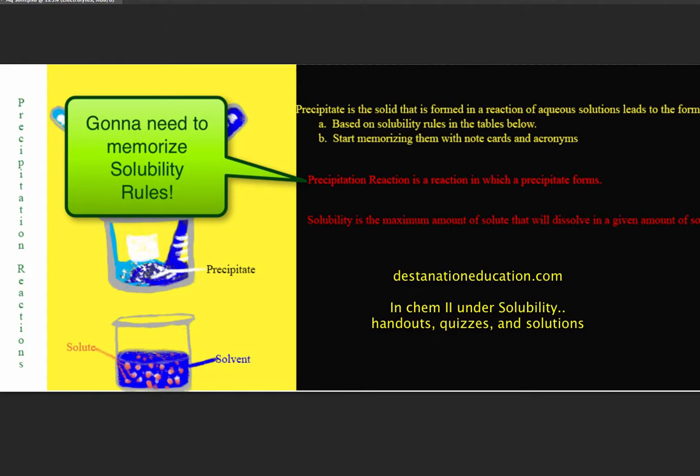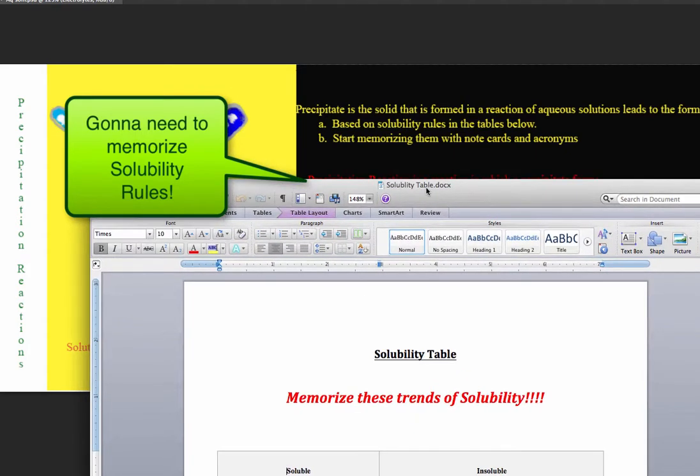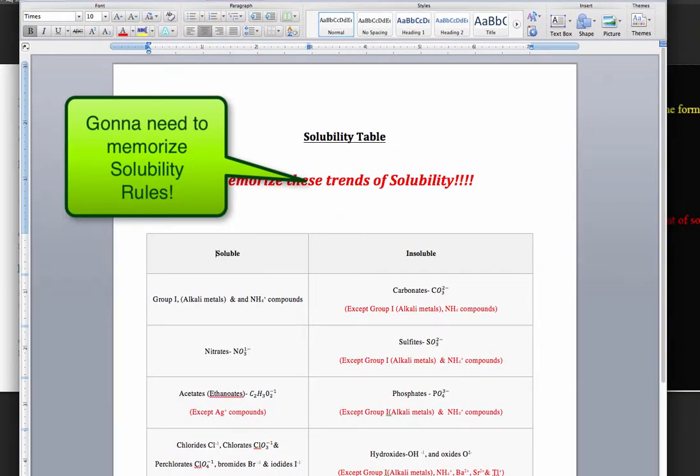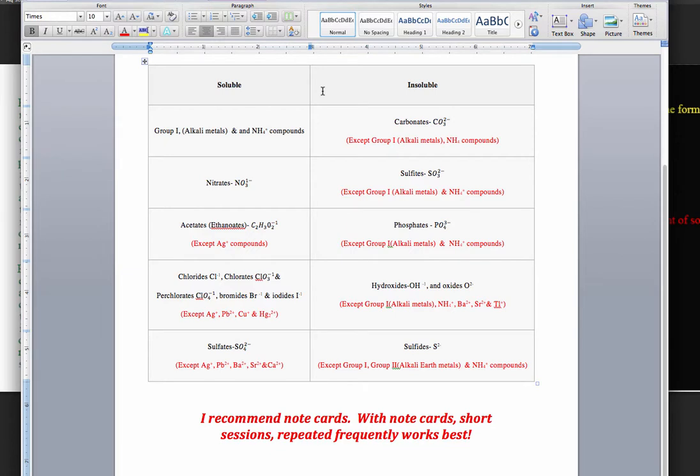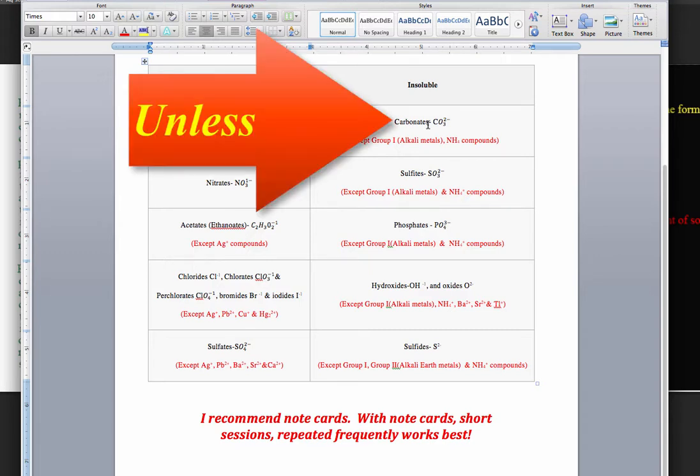The table you can find on destinationeducation.com is right here. So memorize this. Okay, so we know what's soluble. Well, Group 1 alkali metals are soluble and compounds that contain ammonium are soluble, except for the carbonates that have group 1A.